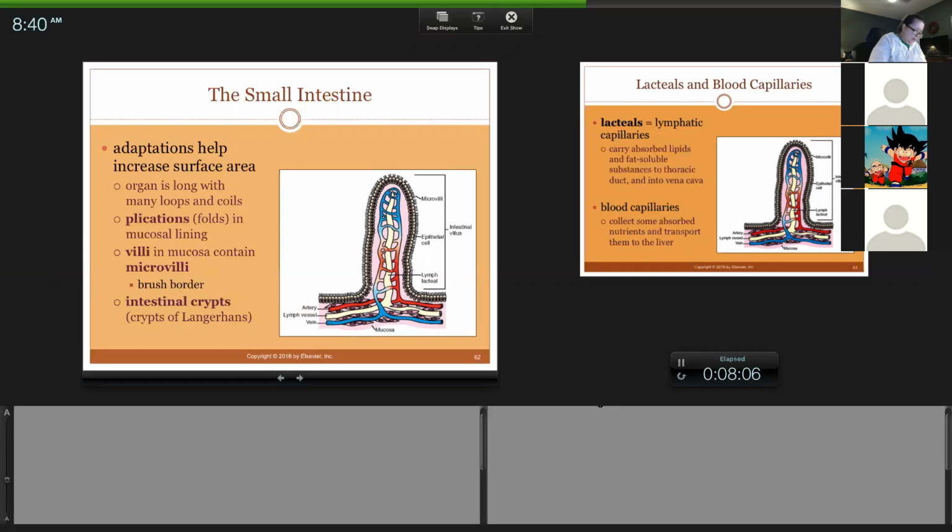Now let me give you an indication. Say you have a dog with diarrhea. The intestines are inflamed, and the diarrhea causes inflammation.